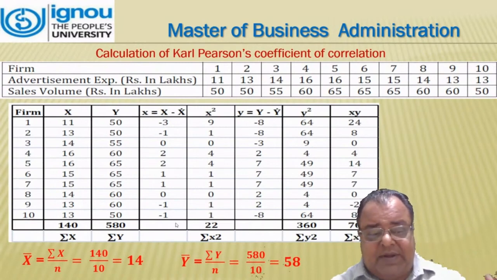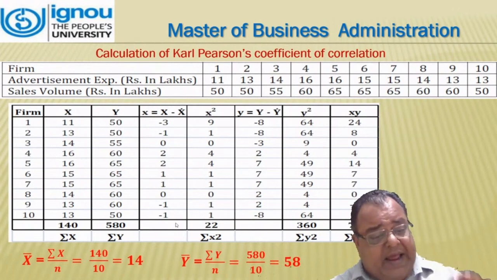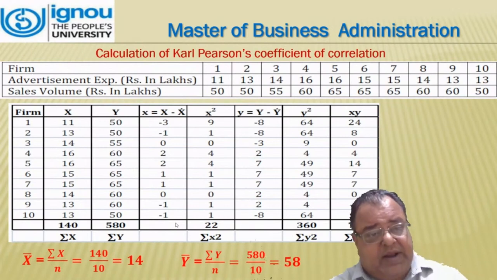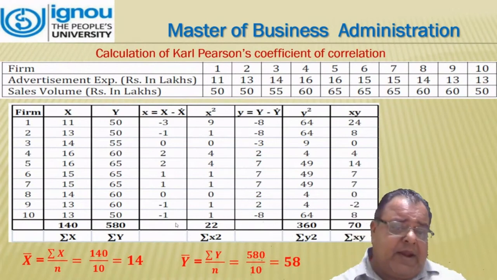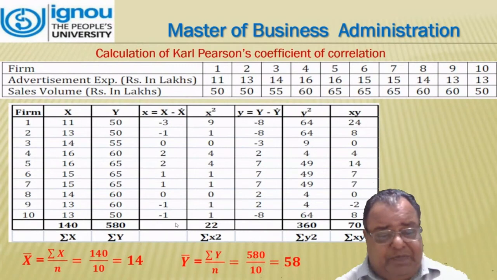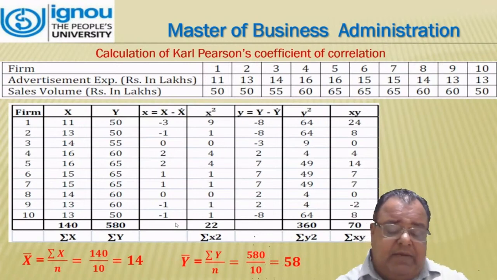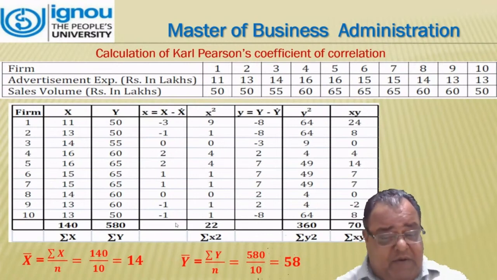X bar is equal to summation of X divided by N. Summation of X is 140 and N is 10, so its mean is 14. Similarly, this process will be applied for Y also. Y bar is equal to summation of Y upon N. In this case, summation of Y is 580, and when it is divided by 10, we get Y bar equal to 58.